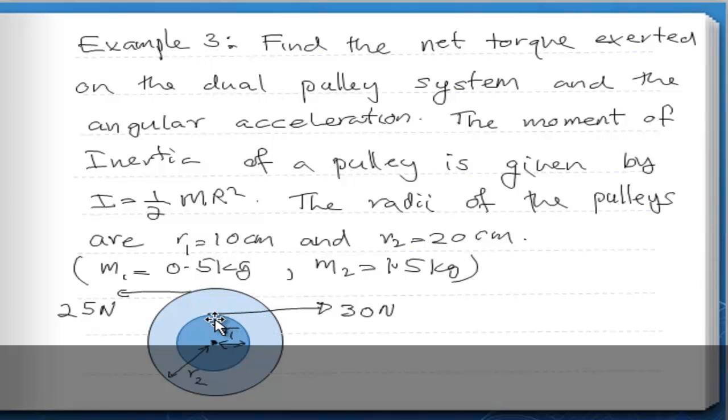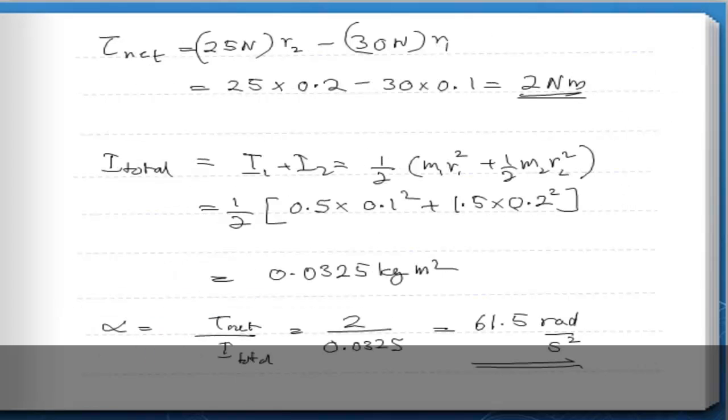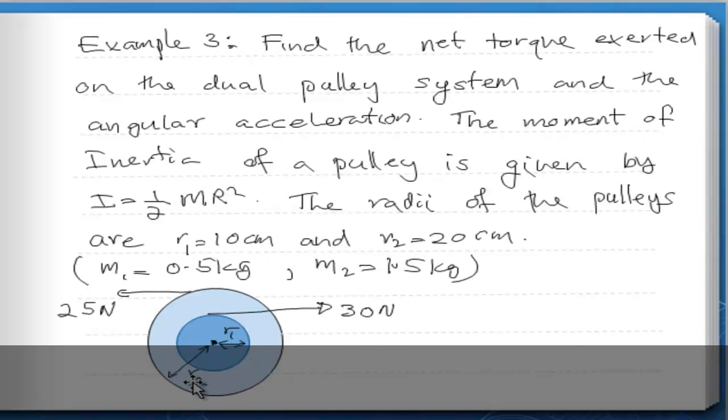And then there is a force on the smaller pulley, which is 30 newtons, and there is a force on the larger pulley, that's 25 newtons. So first we need to find the net torque. The torque is the force times the lever arm. So the force is 30.